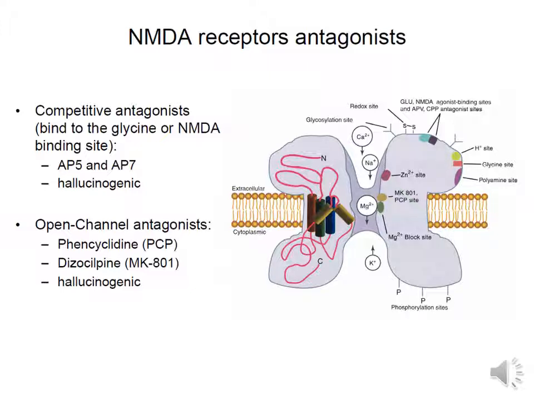The other group of antagonists, those that indirectly inhibit the channel by blocking its opening, include phencyclidine and dizocilpine. Those two molecules act as if they were cooperating with the magnesium to block the opening of the channel, and their use can also have hallucinogenic properties.